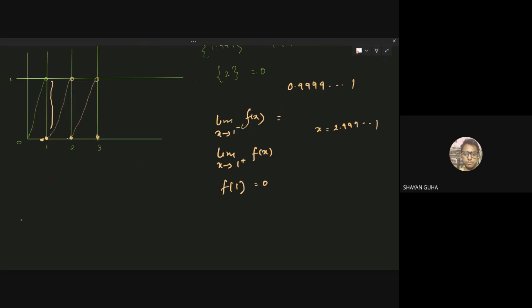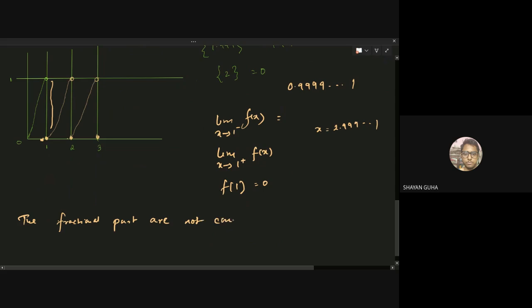So the fractional part function is not continuous at integer points. Okay.